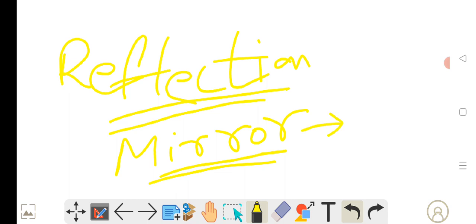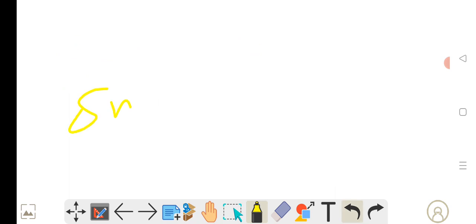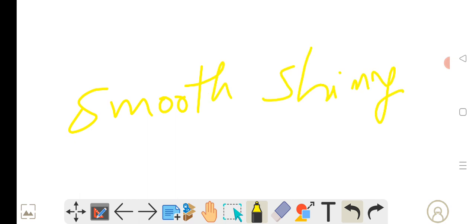Mirror is what you see in your house. Every day you see the mirror, isn't it? So mirror is a smooth shiny surface which makes all the light that falls on it bounce back. It bounces back the light.